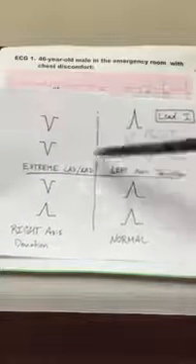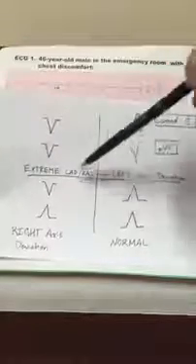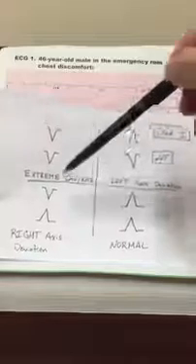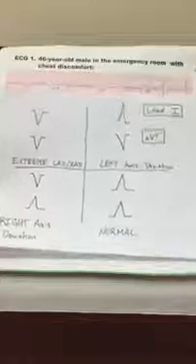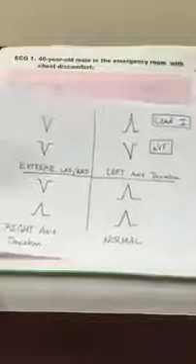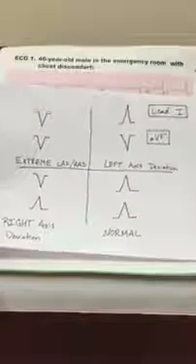Lastly, if they're both negative, opposite of normal, that would be an extreme left or right deviation. Determining whether it's left or right is a little bit more complicated, and I will not get into that in this video, but you can look that up if you are ever approached with one of these cases. So that's how you'll determine the axis. And in this case, like I said, we have a normal axis.